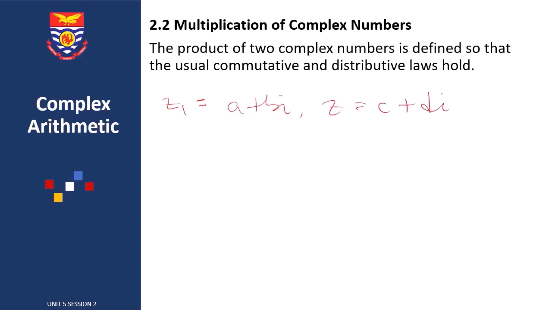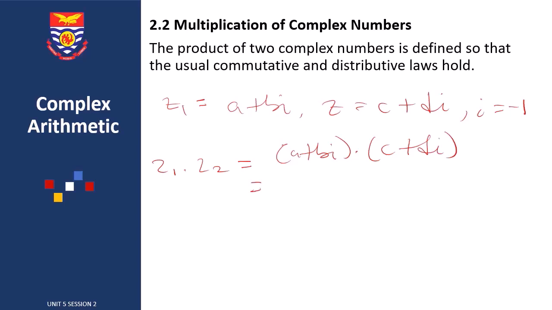We want to find the product, keeping in mind that i squared equals minus 1. Don't forget that. So z1 times z2 is a plus bi times c plus di.